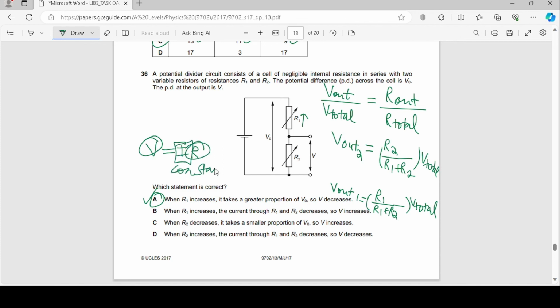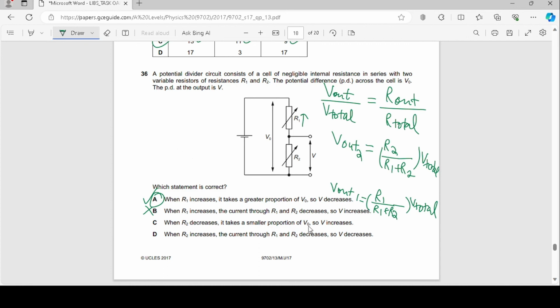I don't remember perfectly, but I think so. So I would probably cancel that out. The next option says the current through R1 and R2 increases. I don't think that's likely, because how can you have all three of them changing? That's kind of too much. When R2 decreases, you could, but it's annoying to consider that.